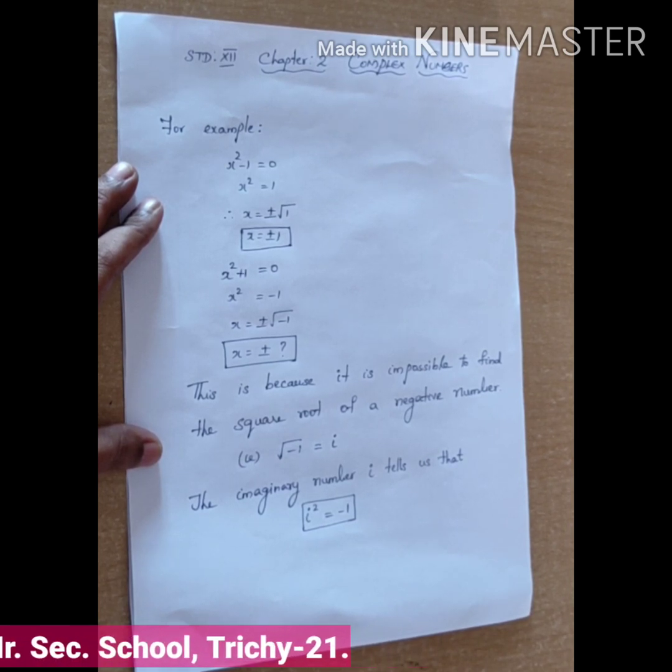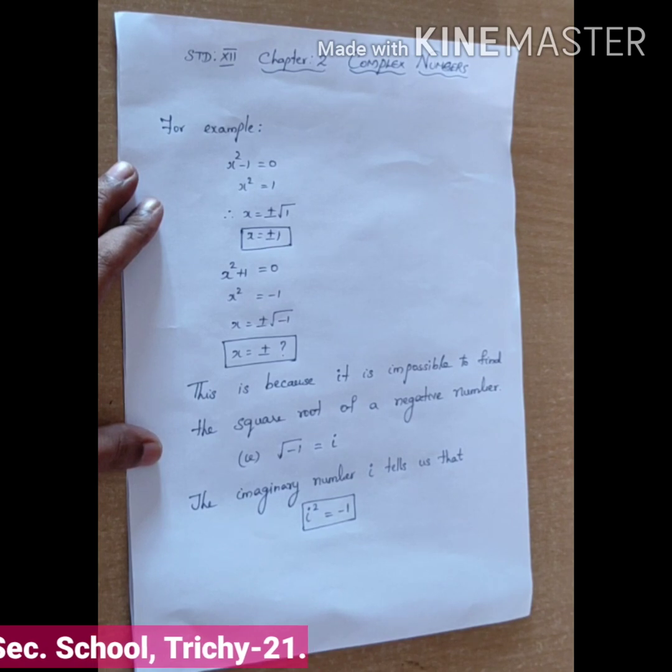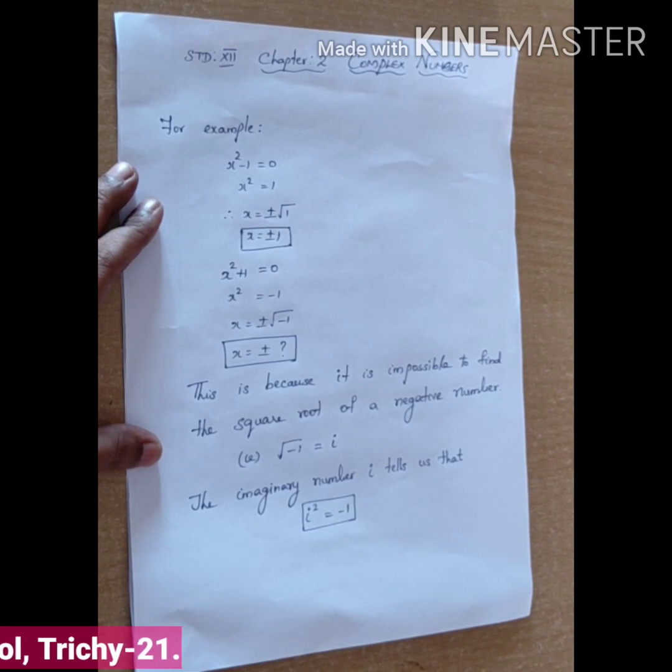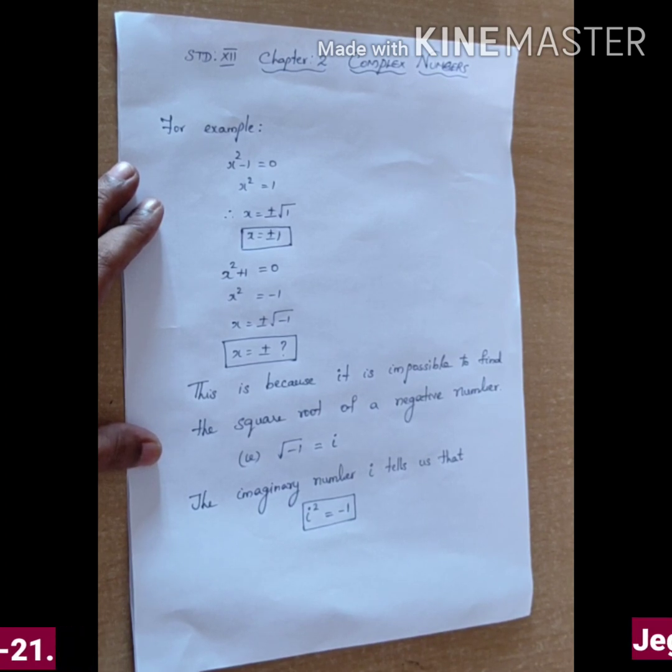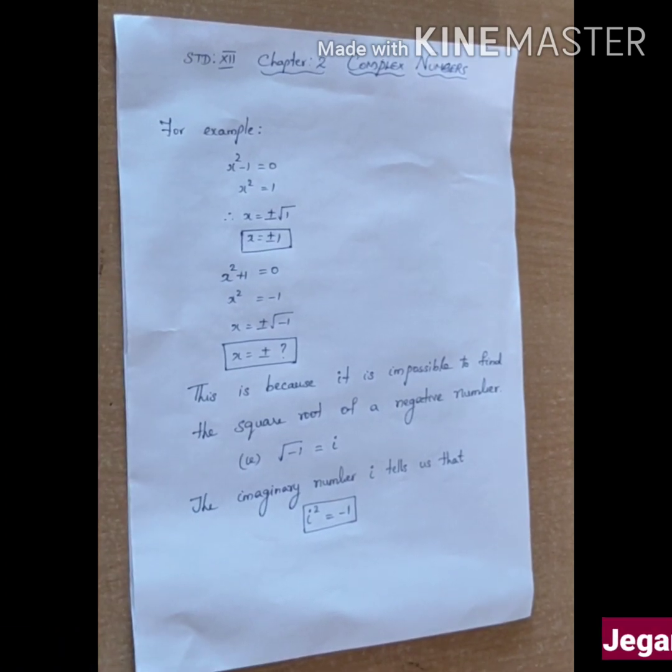Before introducing complex numbers, let us try to answer the question whether there exists a real number whose square root is negative. Look at these two examples and we will find out the answer for that.